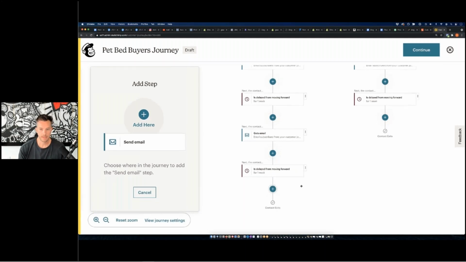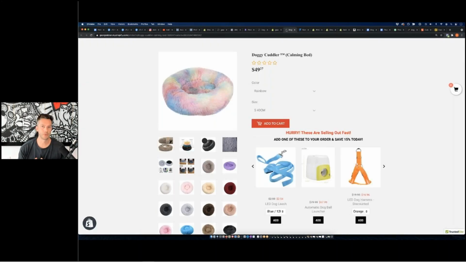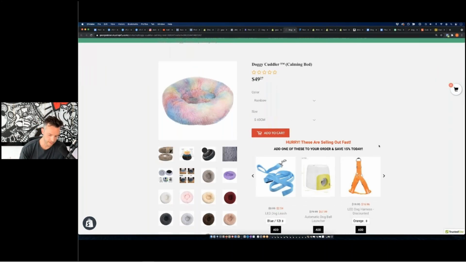And so the idea is you find the one product that you know people are going to buy, like it's so simple to sell on Facebook ads, and then you load up all the other dog products from AliExpress and Zendrop and print on demand that you can start selling them. And you load them up in this journey, and it's drag and drop, literally drag and drop.